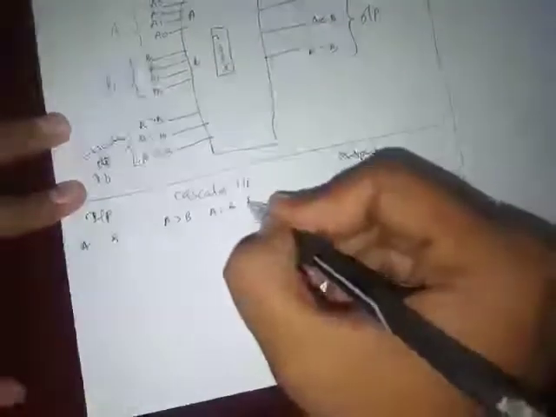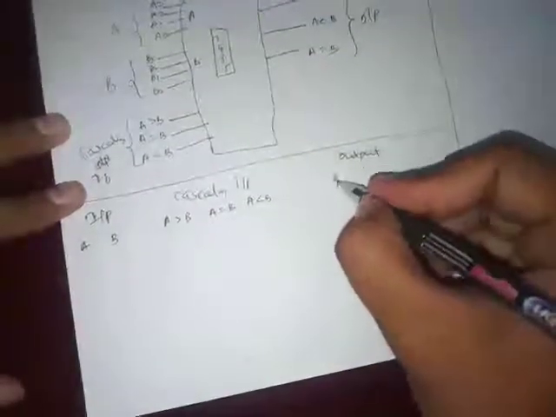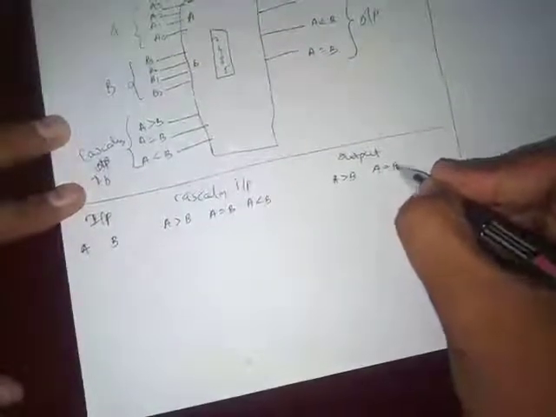Now we will see the functional truth table. In the input, the cascading inputs are A greater than B, A equals to B, and A less than B, and the outputs are also A greater than B, A equals to B, and A less than B. First condition: A greater than B. The cascading input will be don't care.